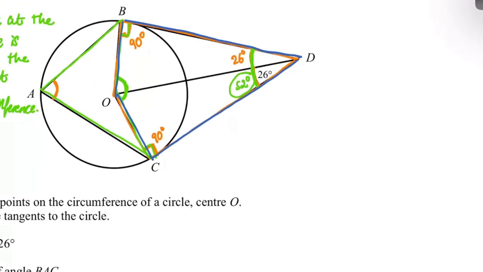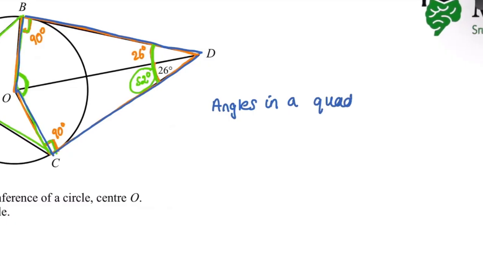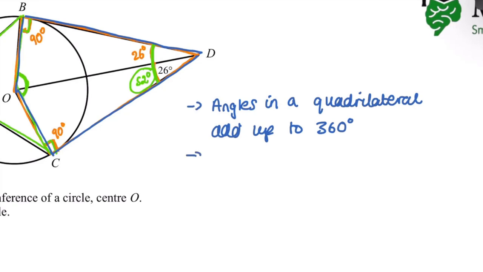We know that angles in a quadrilateral add up to 360 degrees. We also use the rule that a tangent meets a radius at 90 degrees.